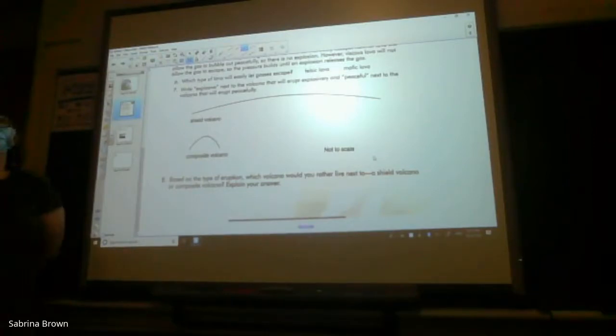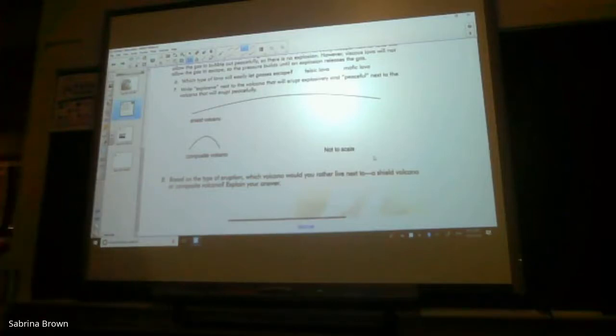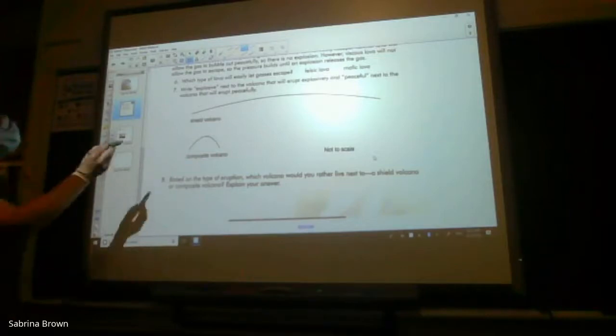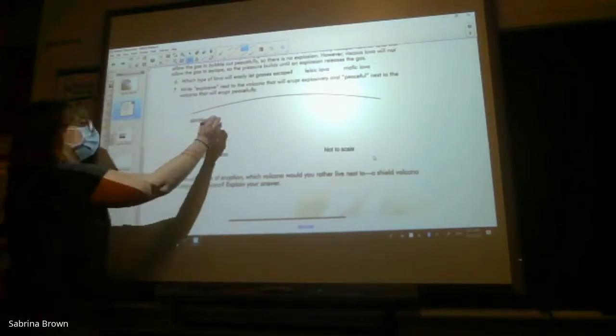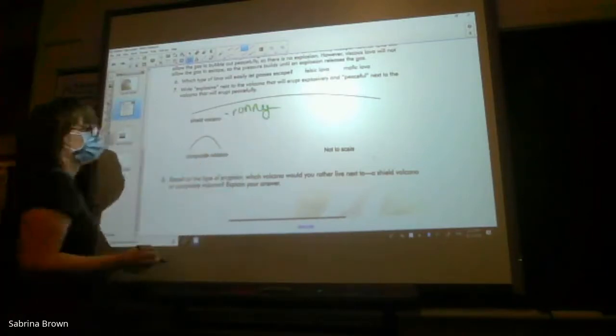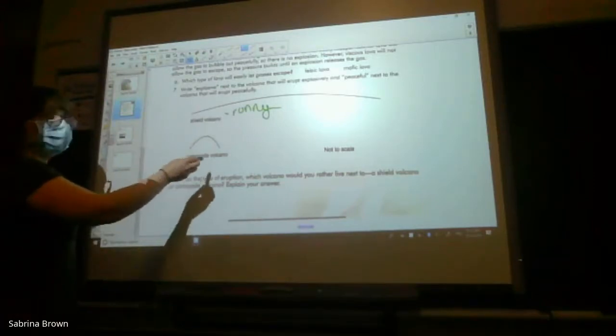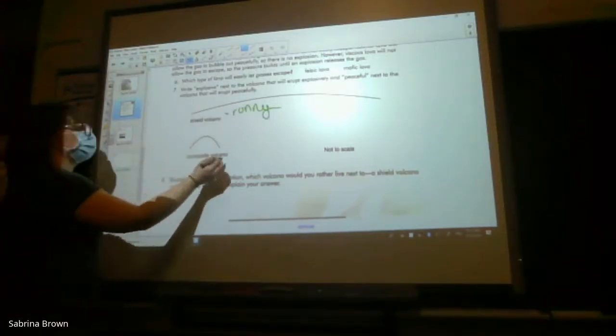So if you have runny lava, it's like if you pour a glass of water out, it's going to flow really far out on the table, right? So that would be shield. If you pour molasses out on the table in January, when it's super cold, right? You're going to get more of a composite situation happening.